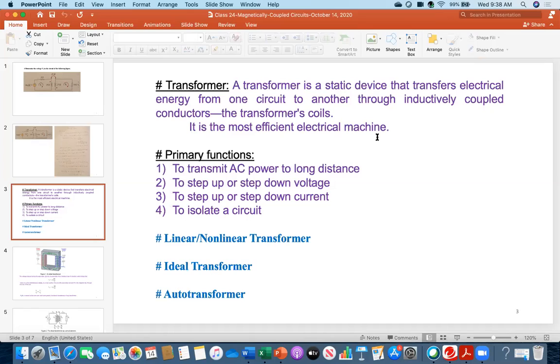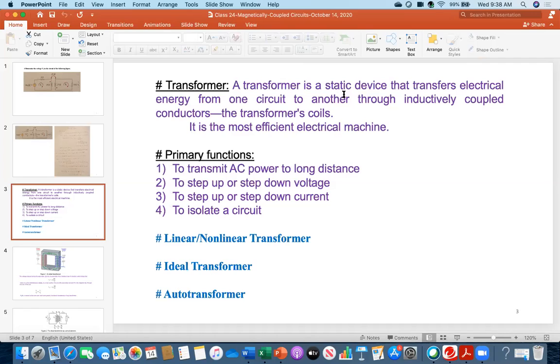You all know a generator, a motor, and other electrical devices which we call machines. They all have rotating parts. There is a shaft and it rotates, so there is some rotational loss, friction loss, windage loss. But in this case, it is called most efficient because it is static.